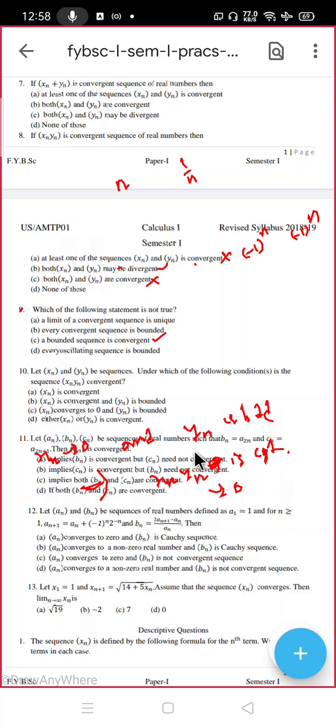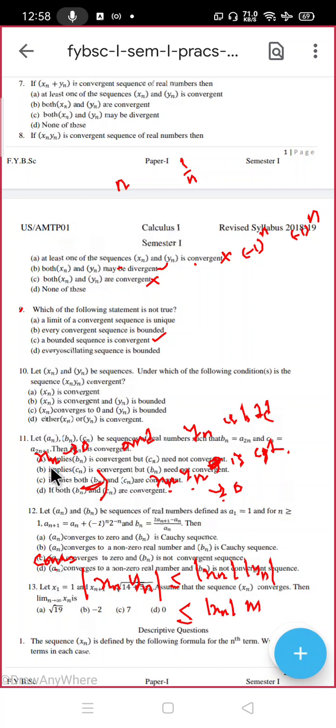So the proof is very simple. If you see Xn and Yn, and converge to 0, you need to consider Xn into Yn. And this will be less than or equal to mod Xn mod Yn, correct? But Yn is bounded, so can I write this as mod Xn into some M?